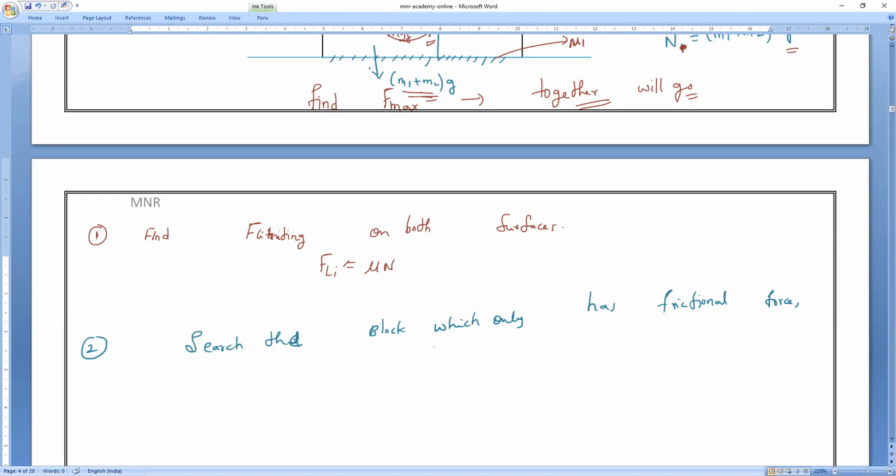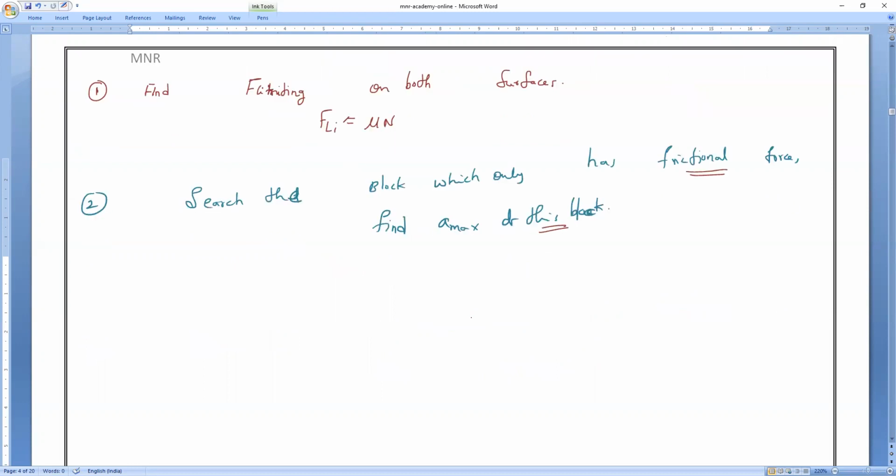For that block, you have to find the maximum acceleration of that block. Is it okay, everybody? Yes, please respond. So we have to find a block which has only frictional force, and we have to find the acceleration of that block. Is it okay, Rudresha? Mr. Narayan? Aswita, understand? While solving the example, you'll understand.